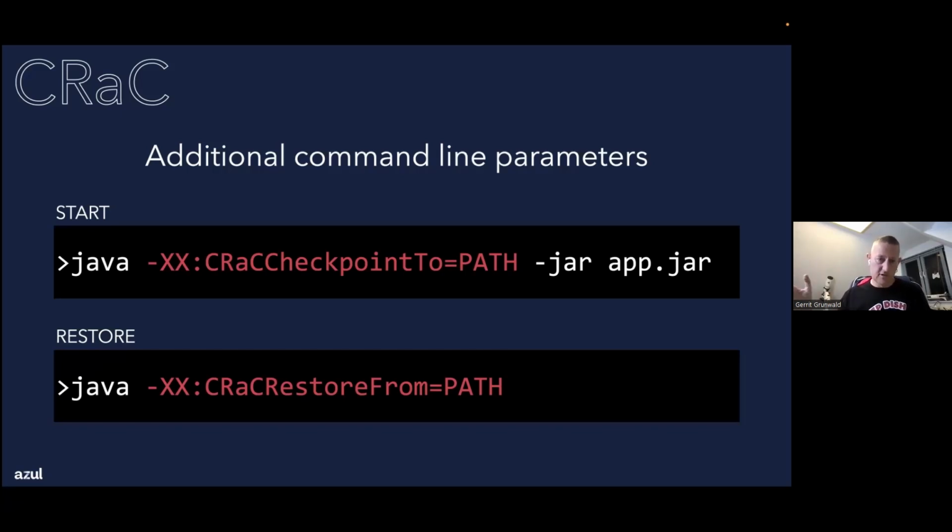And when there is a checkpoint, the JVM stores the checkpoint to this given folder. So you can decide at startup where the JVM should store the checkpoint data. And when you restore from that checkpoint, you just call java -XX:CRaCRestoreFrom and point it to the same folder. And then if there is a checkpoint, it will restore from there. So that's the two commands that we added to the command line.